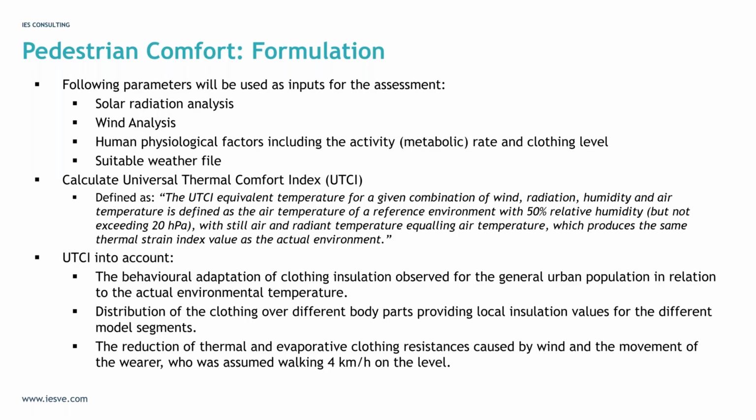Now, this is a very long, winding definition for it. Essentially, what it is trying to look at is heat thermal stress. It has various levels. It gives a temperature-like value, so that we can look at different levels of heat stress.